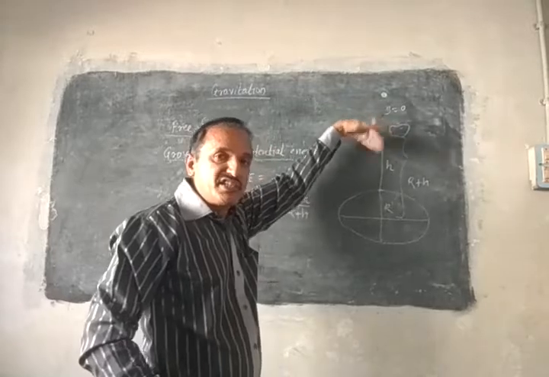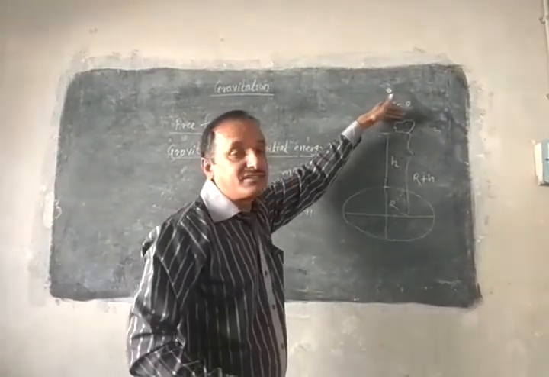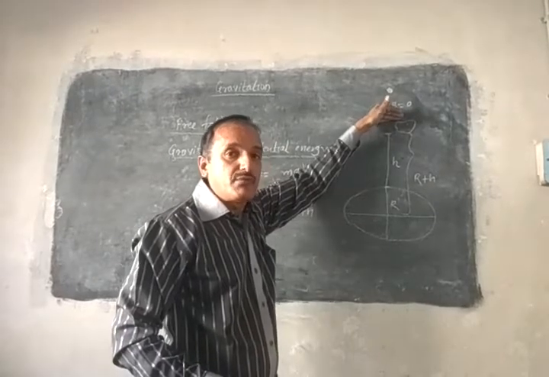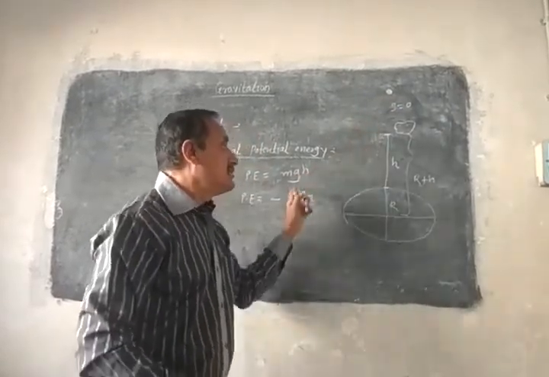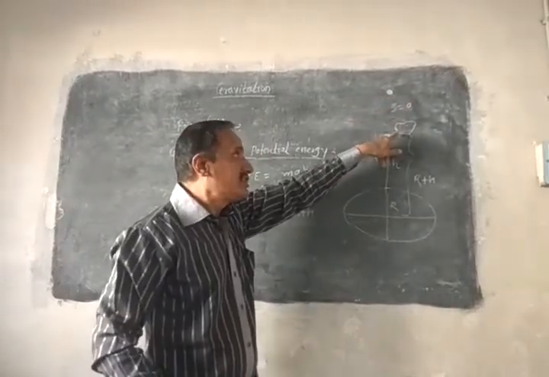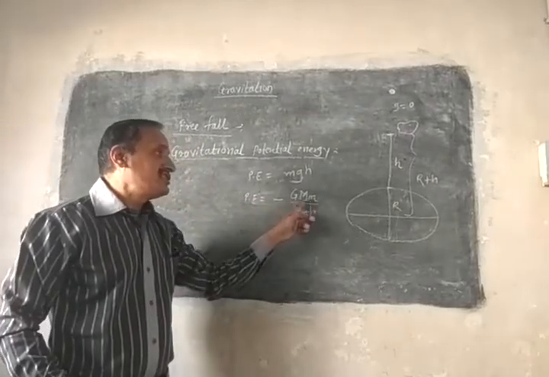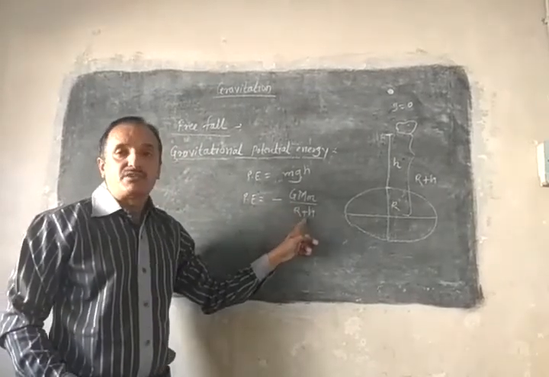Again you bring the object nearer, the value of g will increase, no doubt, but the potential energy will decrease. So it is decreased, which means it becomes negative. So potential energy is written as minus GMm upon R plus h.